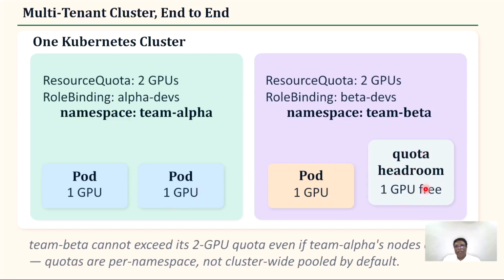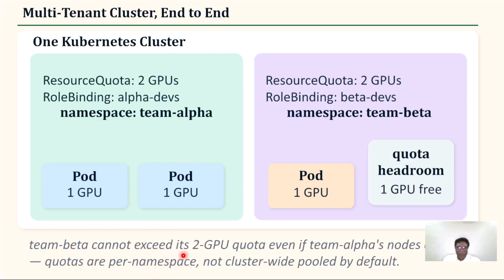So there is 2 GPU resource allocation for this team. In the other, one pod is using 1 GPU, and the quota headroom tells us 1 GPU is free. Team beta cannot exceed its 2 GPU quota even if team alpha's nodes are idle.